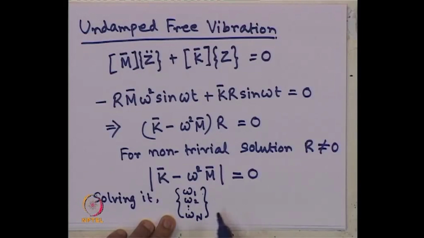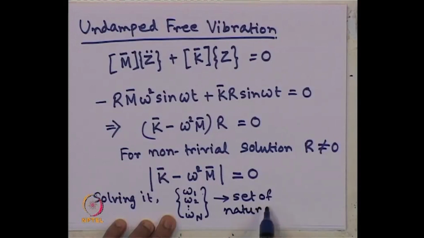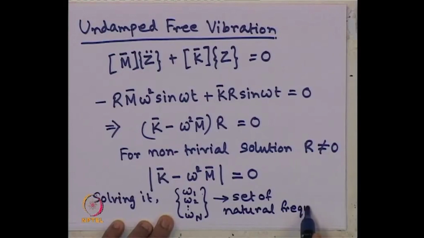What is it called? It is called the set of natural frequencies. So, what we got, for an n degree of freedom system, it will have n natural frequencies.